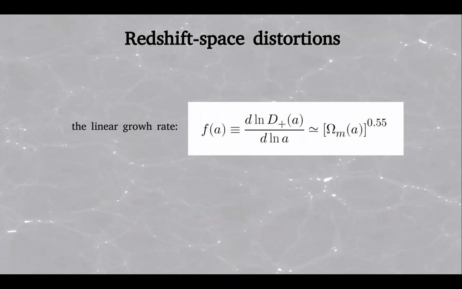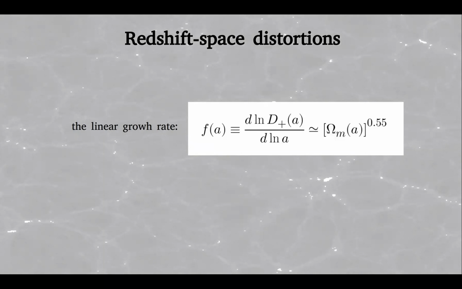The linear growth rate f is the logarithmic derivative of the linear growth factor, something that directly depends on gravity, and in general relativity we can approximate this linear growth rate with this expression.